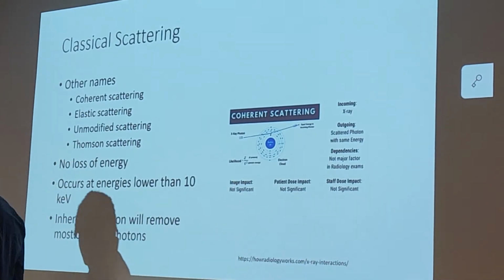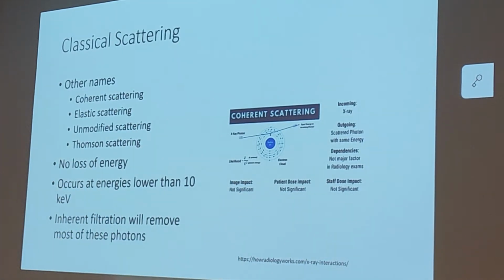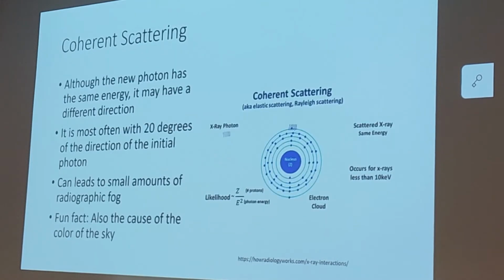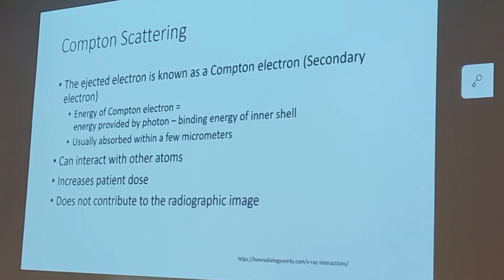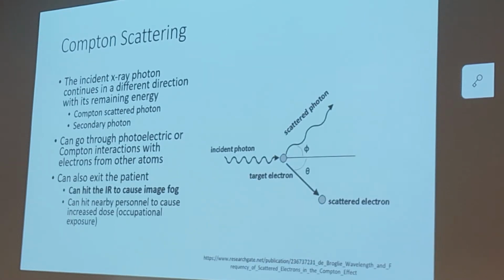Before we move on, does anyone have extra questions for classical or Compton scatter? What I understood was that the Compton scatter is the one the people in the room get. It says in the Compton interaction that the secondary photon, the people in the room get the second one.